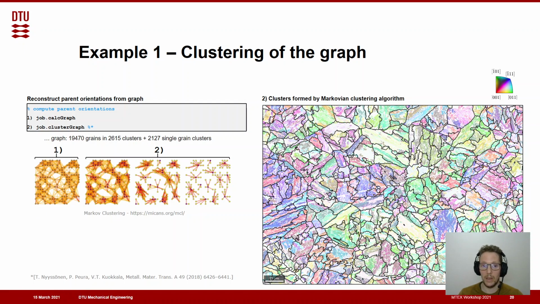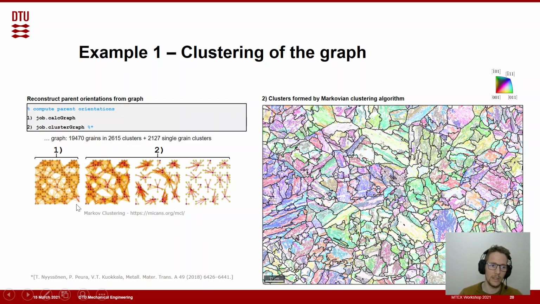So the next part is cluster graph, and clustering is what we do with the Markov clustering in this example. It's currently the only clustering algorithm that has been implemented, but one could of course imagine using different clustering algorithms in this object as well. What it does is it inflates and contracts, inflates and contracts the matrix of all these points.